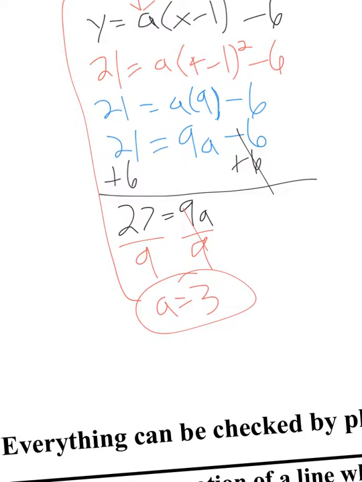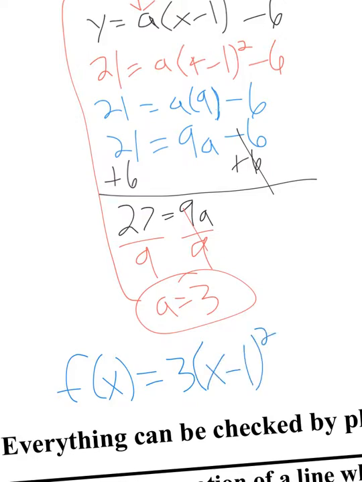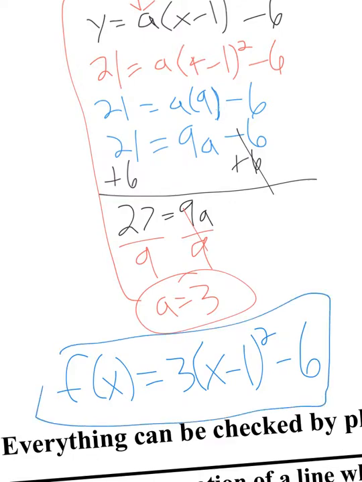Y equals, or you could change it back to f of x, but if it helps you, leave it as y equals. But I'm going to write f of x. F of x equals 3 times x minus 1 squared minus 6. And that is all we need to do.